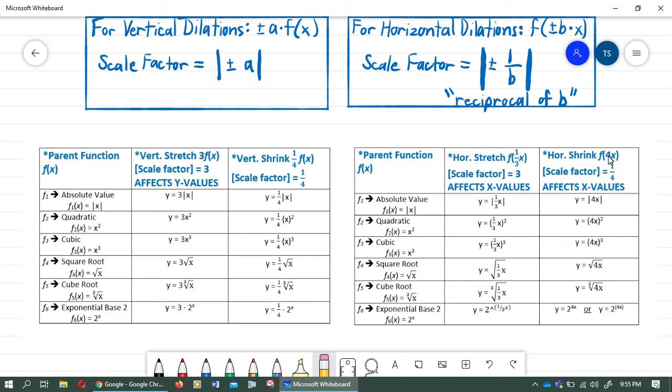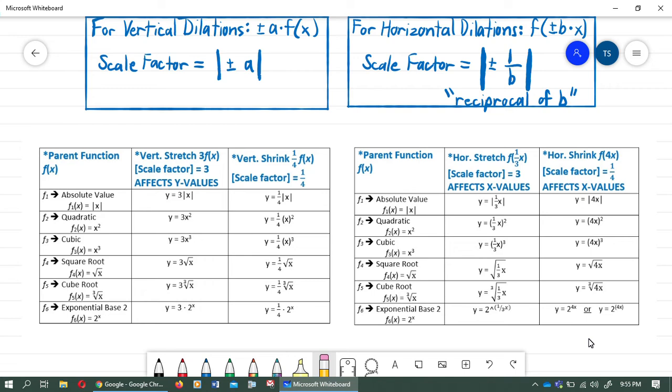Even though the inside is being multiplied by 4, it is a horizontal shrink by a factor of 1/4. You can see how each of these equations will look afterwards.